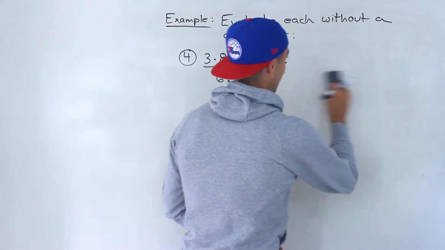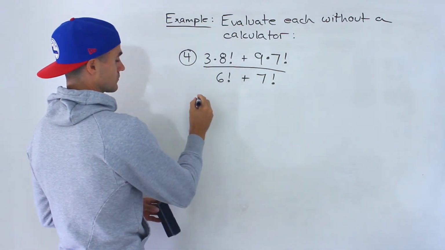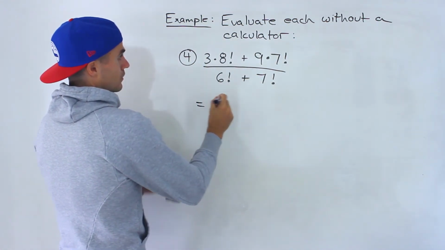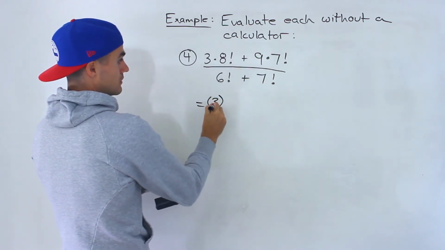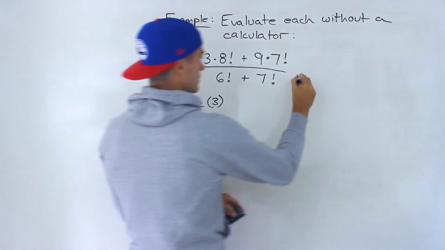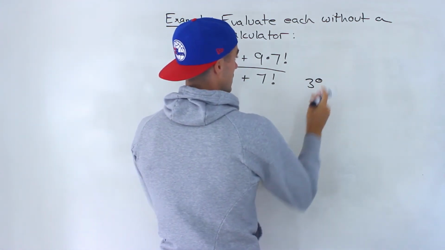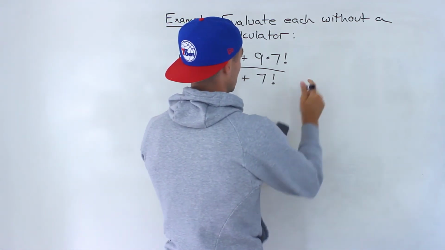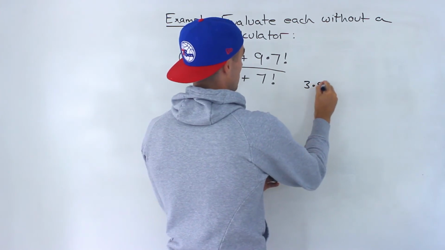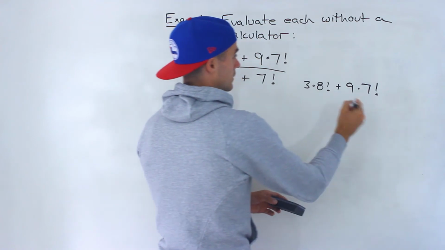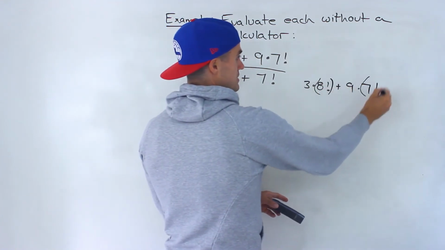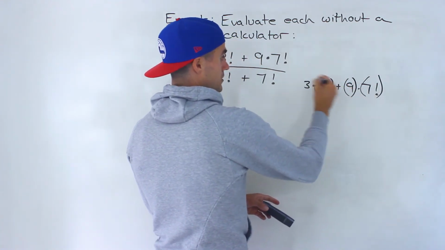So applying that here, first off, notice in the numerator we could take out a 3 from both of these. So let's actually just work with this on this side here. So we got 3 times 8 factorial plus 9 times 7 factorial. So the factorials I'm going to deal with separately, and then the numbers I'm going to deal with separately.